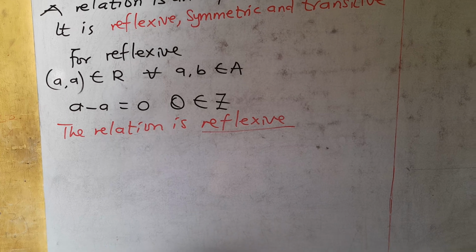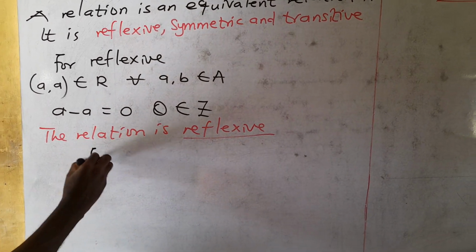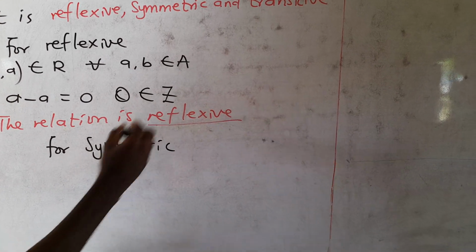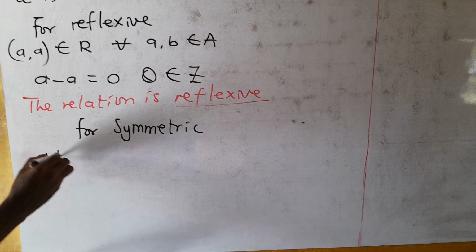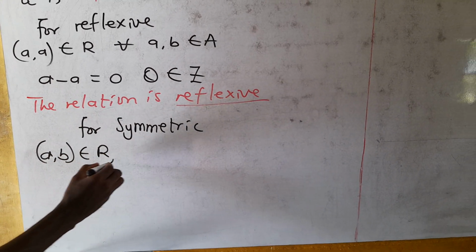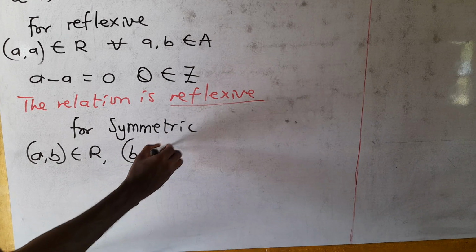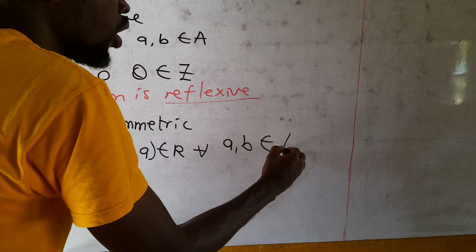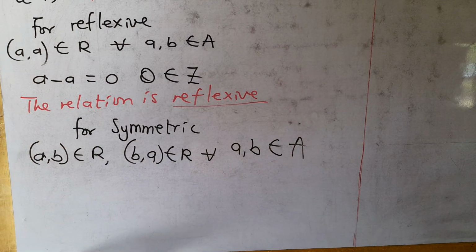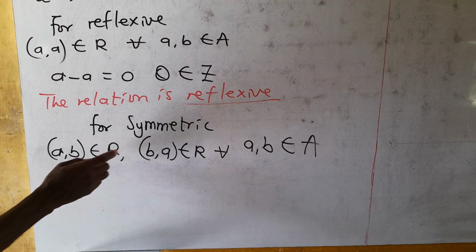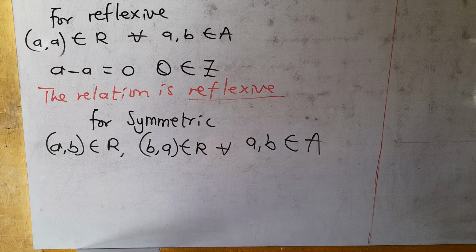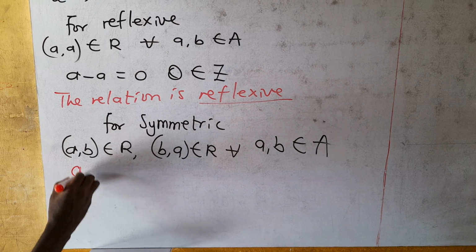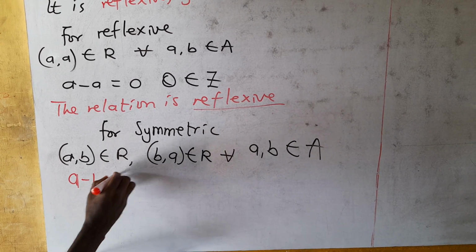I hope you are getting all this. We check for the symmetric property. Remember, for symmetric, we said that if (A, B) is a member of the relation, then (B, A) must be a member of the relation for all A, B in the set. So we check whether A minus B is an integer, and whether B minus A is an integer. Remember, if you have A minus B, it will always be an integer.